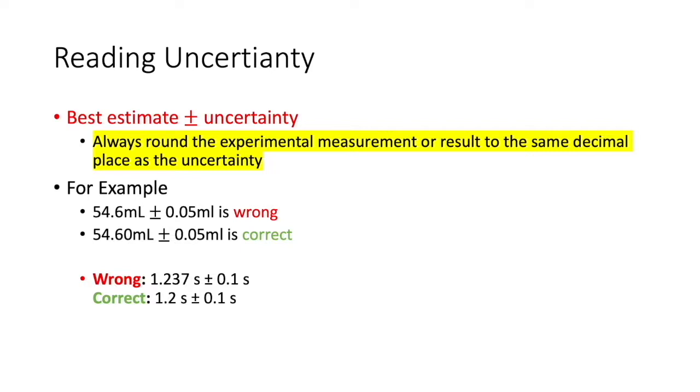Here is another example: 1.237 seconds plus or minus 0.1 second is not correct because the uncertainty only has one decimal place, and the best estimate has three decimal places. So you have to change the decimal place of the estimate to one place.